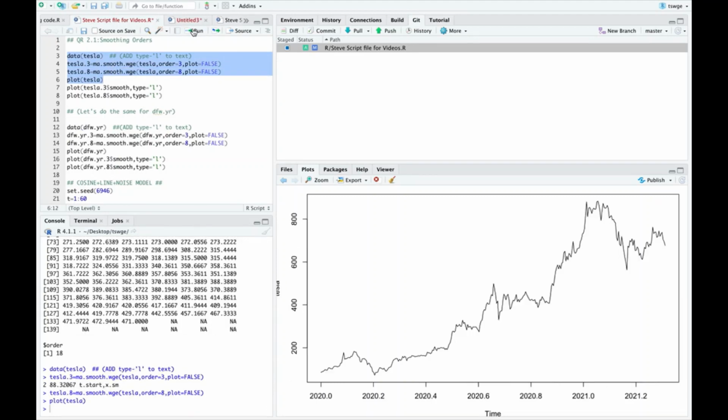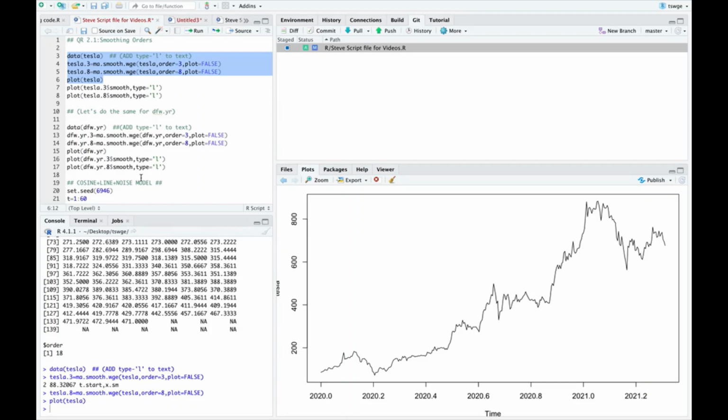There is the data set Tesla. You can tell that it does go from 2020 up through the middle of 2021, and a quick glance at the data set makes us realize, yes, it is really fluctuating. There's lots of jaggedness to the data set, and that can be troubling. It can get in the way. It can be deceiving, and we would like to remove some of that. So one way to do it is to smooth it.